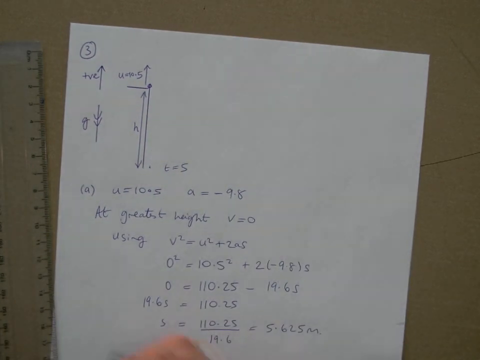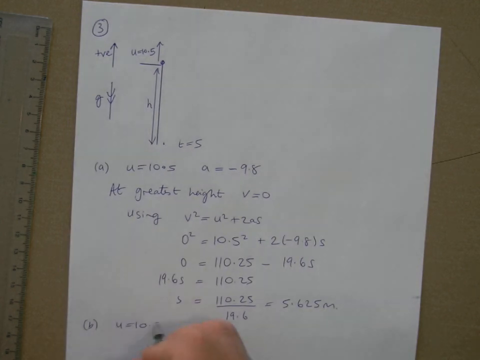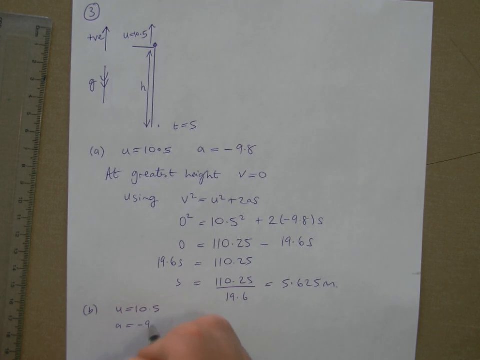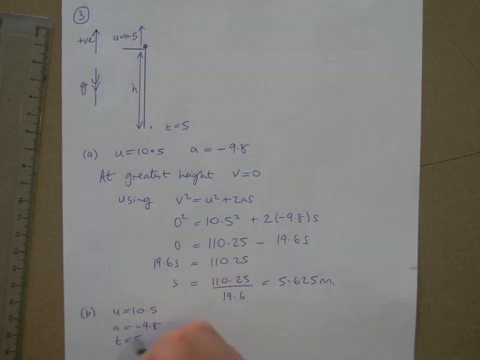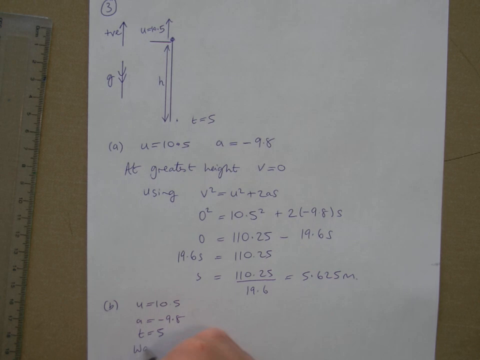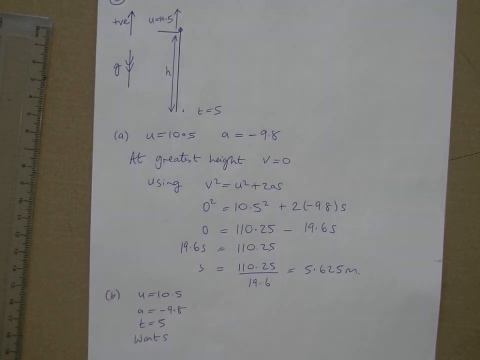So let's write down what we know. We know u is 10.5, we know a is minus 9.8, and we know t is 5 when it hits the bottom of the cliff. We want s, the displacement.